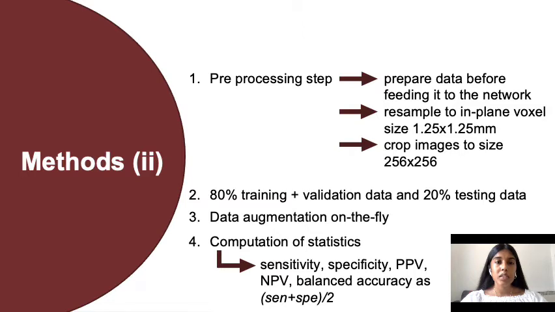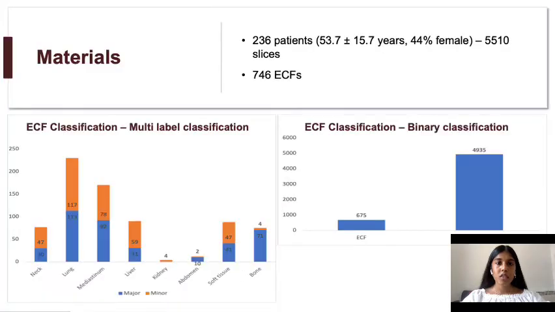Lastly, the performances of the networks were evaluated through the computation of sensitivity, specificity, positive predictive value, negative predictive value, and balanced accuracy.